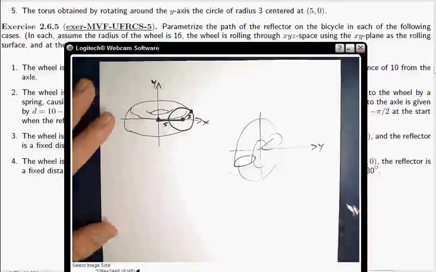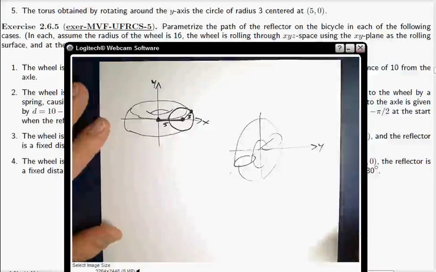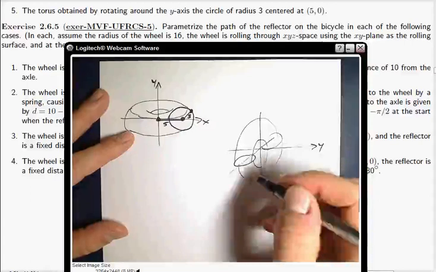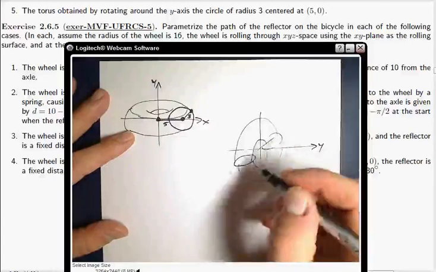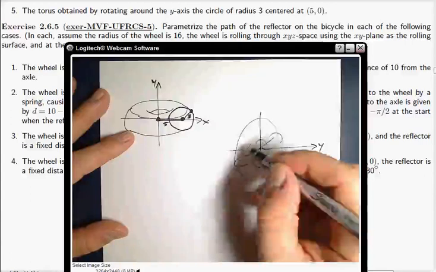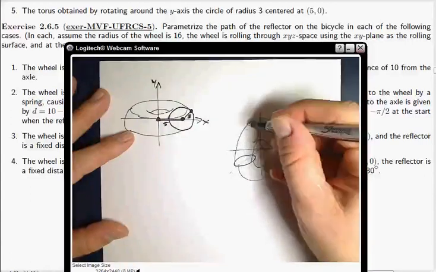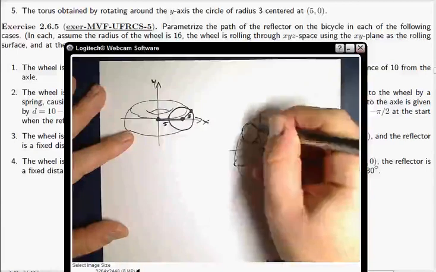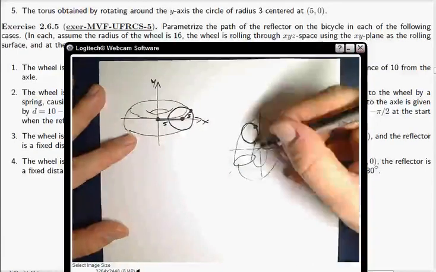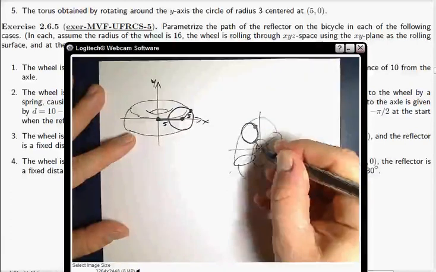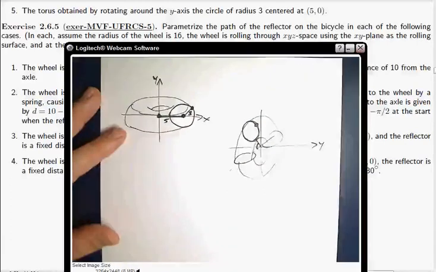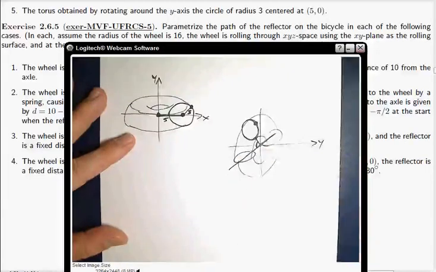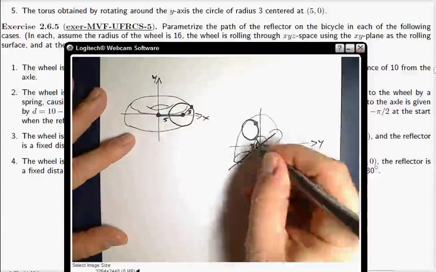What does change is, well, I've got a couple of angles. Let's look at a point, let's say, there. There's the angle up: how much did I rotate up from the XY plane? I'll call that angle alpha.